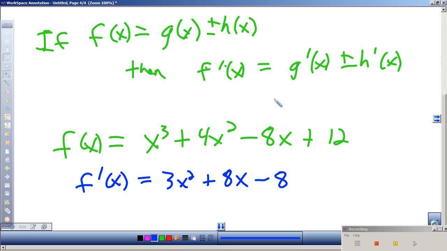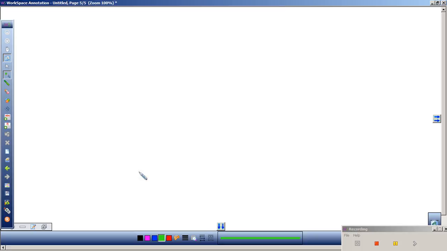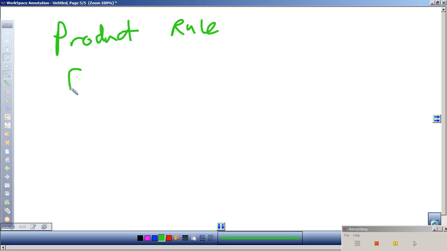Now the complicated one. Got two more rules, but they're a bit more complicated. First one, product rule. What do you think this deals with? Multiplication, yes. So, if f of x equals g of x times h of x.